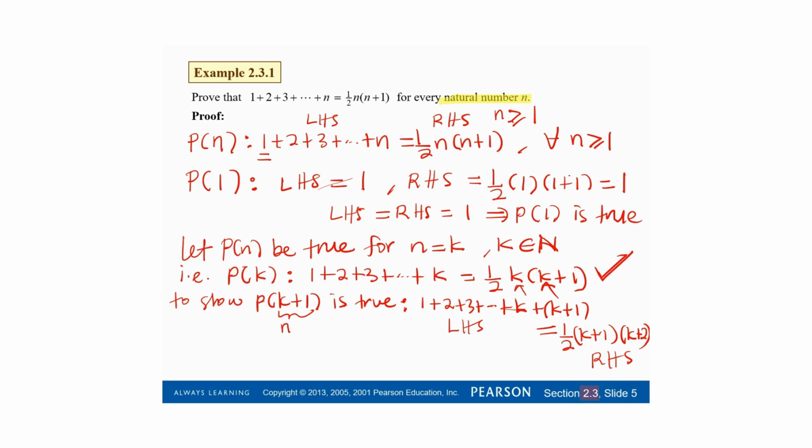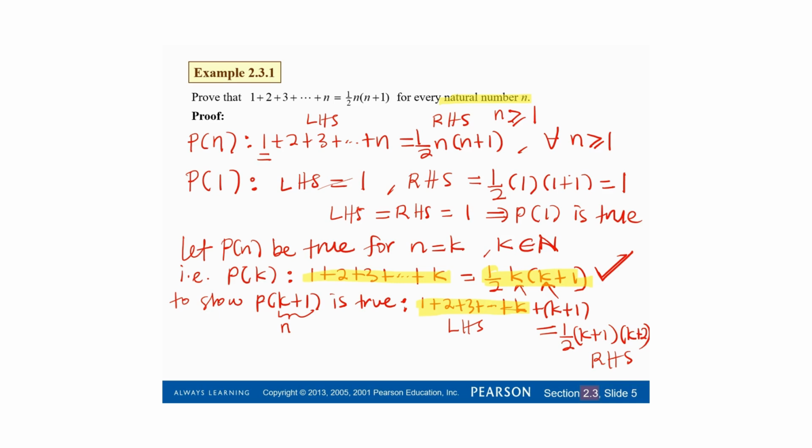If you look at the statement on the left, if I highlight the first k terms up to this one, that first k terms is actually our assumption, which we assume to be true. That means we can replace the first k terms by the formula half k times k plus 1.